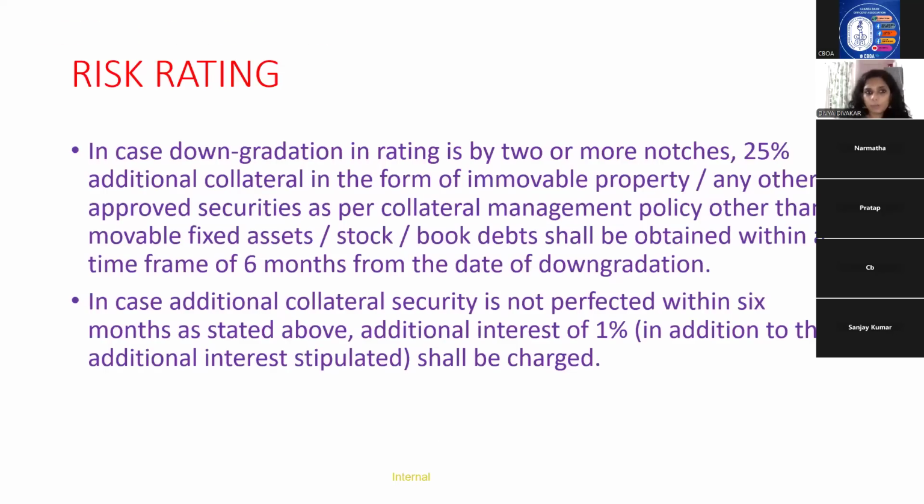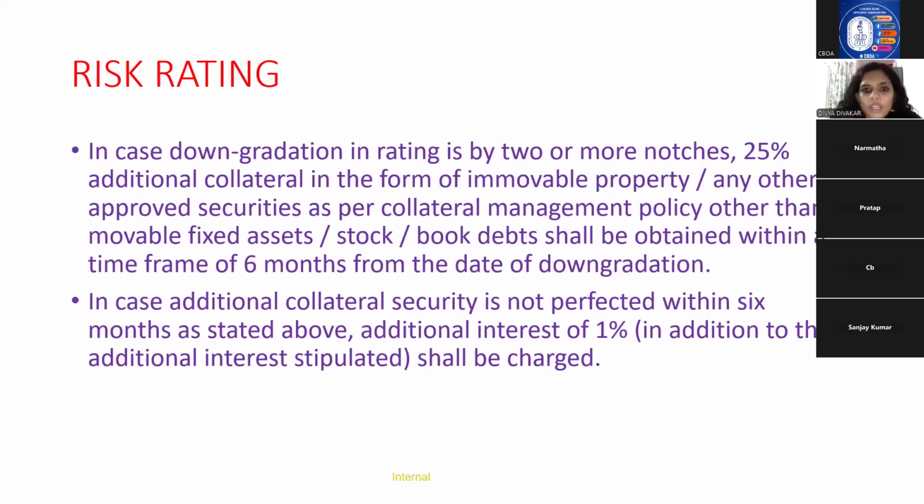One more thing, this is also a recent thing. In case of downgradation in rating by 2 or more notches, we are supposed to ask 25% additional collateral in the form of immovable property or any approved security as per our collateral management policy, which is other than stock, book debts, and movable fixed assets.